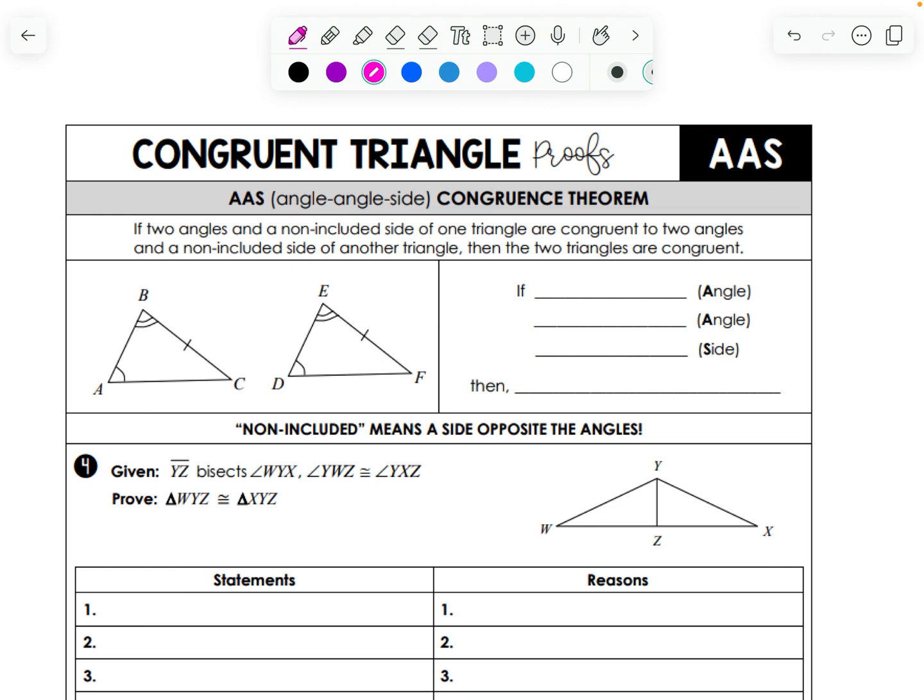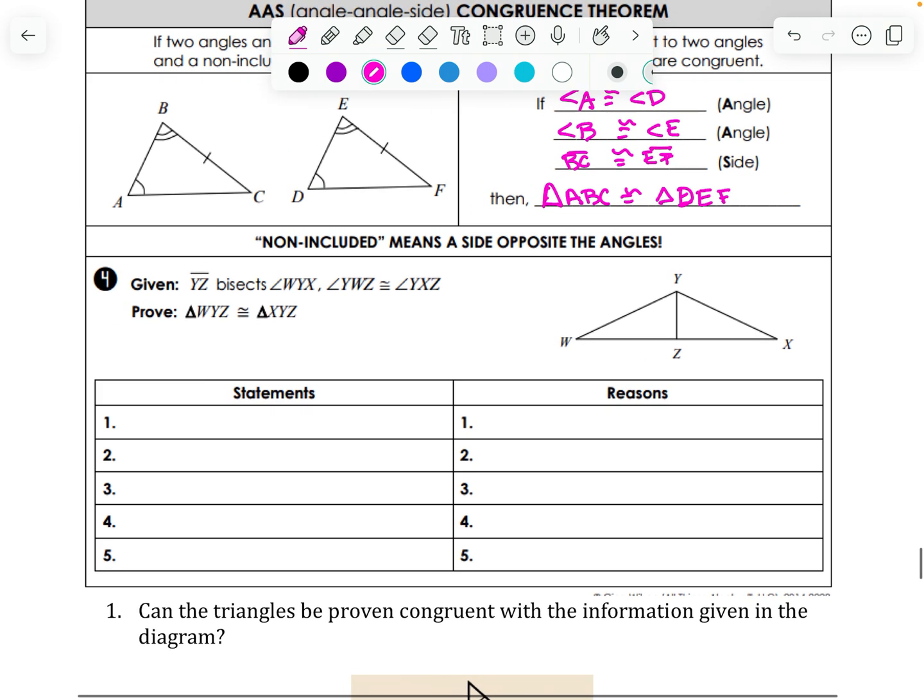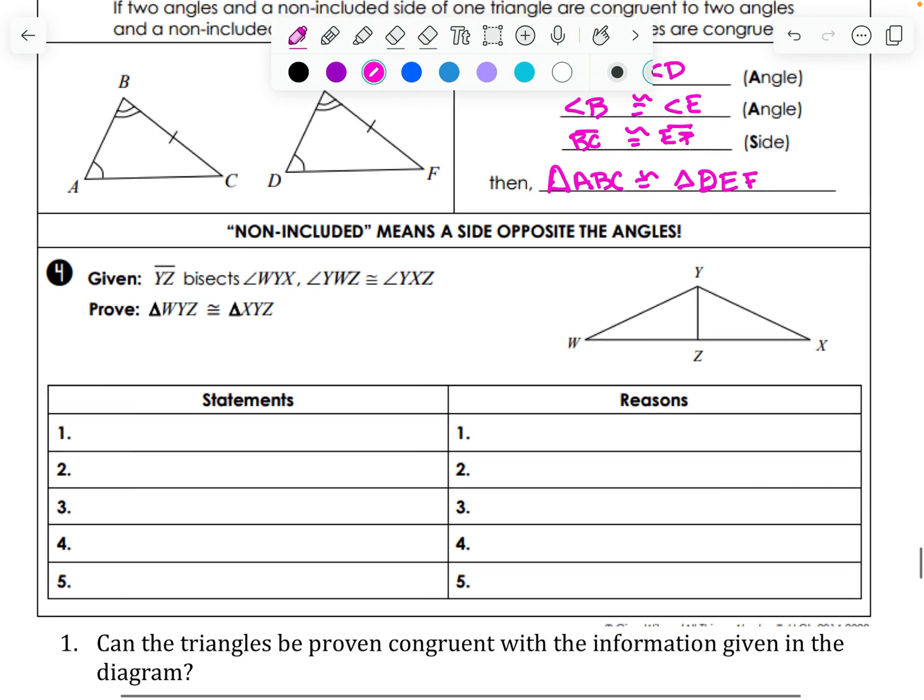So if angle A is congruent to angle D and angle B is congruent to angle E, and our side BC is congruent to EF, then the triangles are congruent.